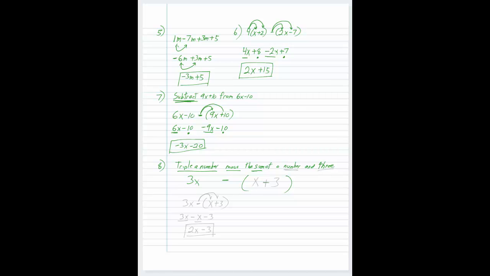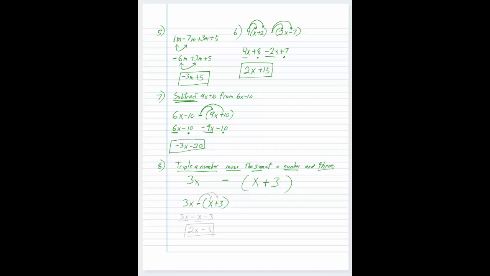Well, sum means add, so I'll put a plus sign in parentheses. But I need two things to add. Let's see what they are. Oh, a number, which is x, and 3, which is 3. So what we have is 3x minus parentheses x plus 3.